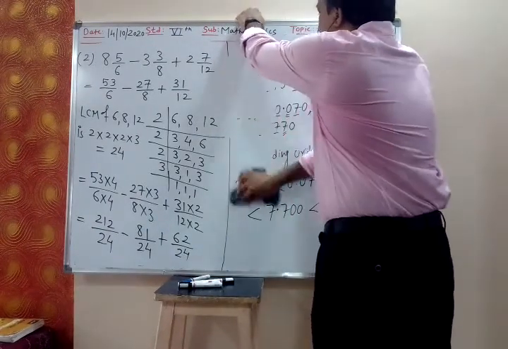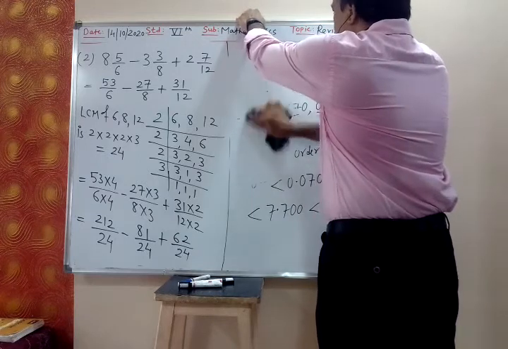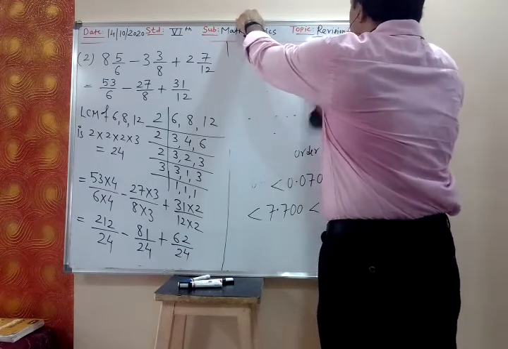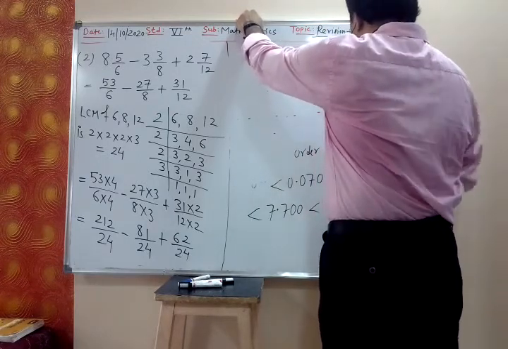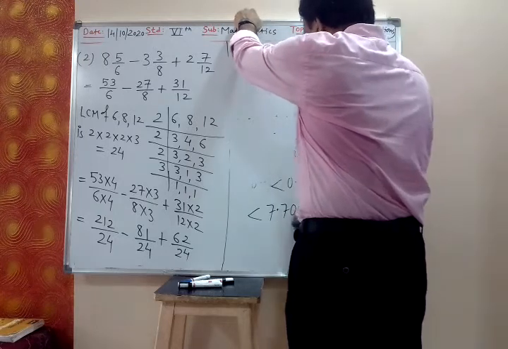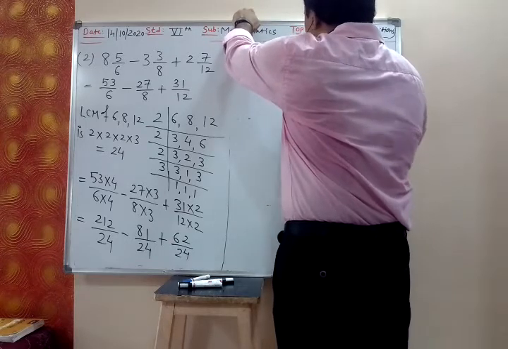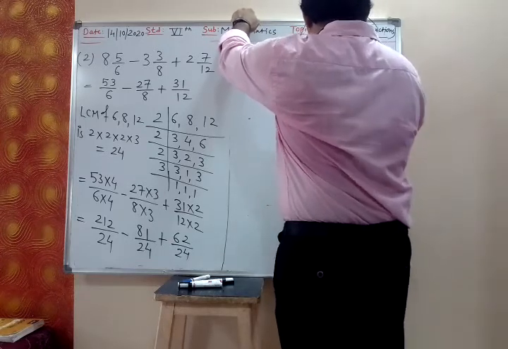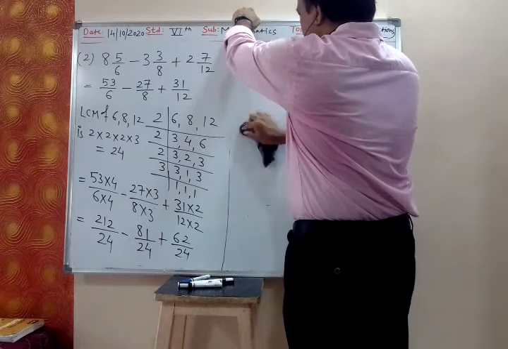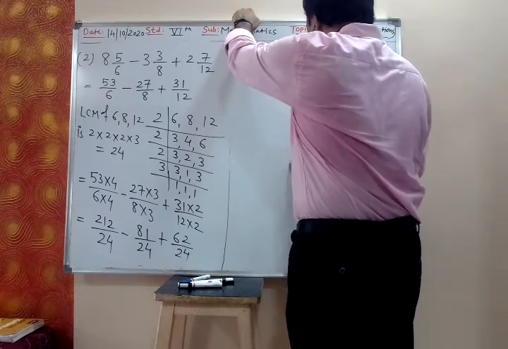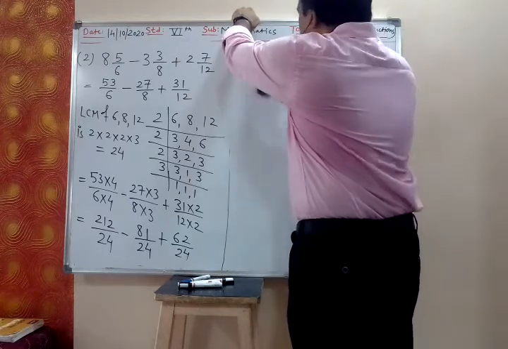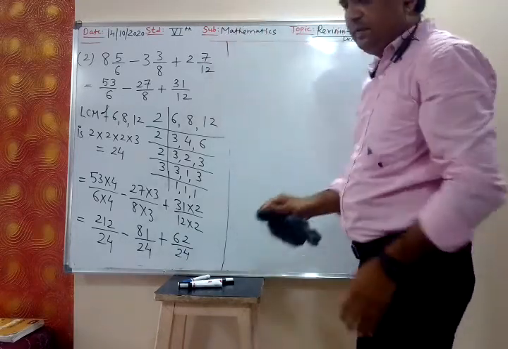Now the denominator is the same. So whenever the denominator is the same, we can simplify the numerator. Yes, how? Mute the microphone.